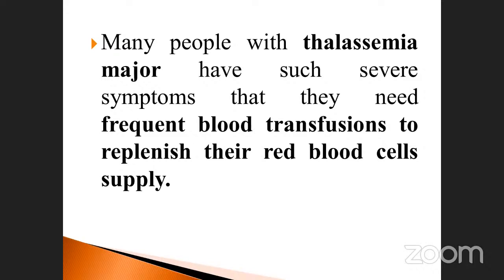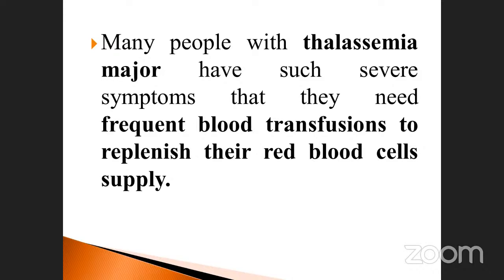Then only they can survive. Otherwise, they will not survive. Suppose at a particular time duration, you have to replace the blood or blood components. Then only they can survive. Otherwise it will lead to some diseases. It may be once a month, once in 6 months or once in 2 months, you have to do blood transfusion. In thalassemia major cases you have to do this. Otherwise, it will lead to some difficulties.